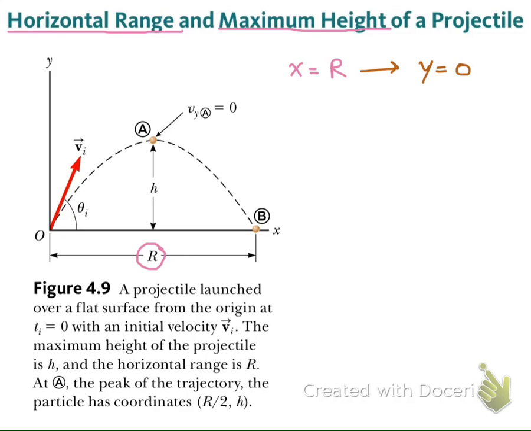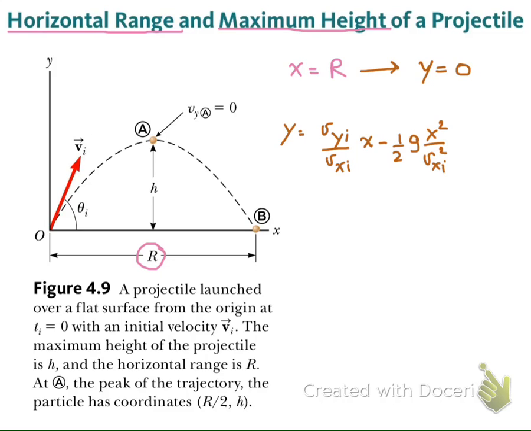Okay, so if we rewrite the equation of the path of the object again, we have that y is equal to vyi over vxi x minus half of g x squared over vxi square.